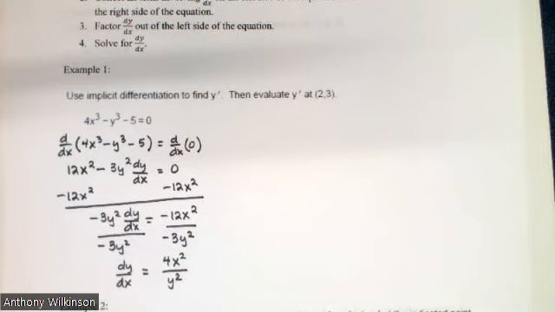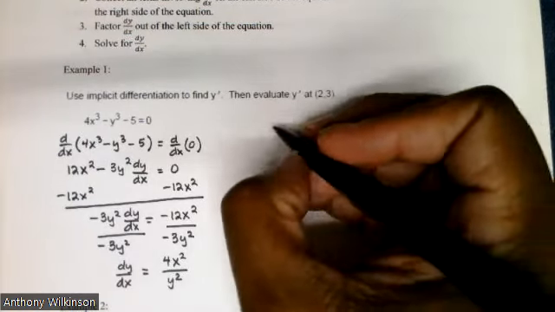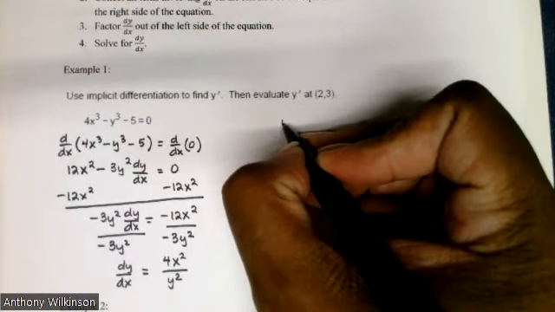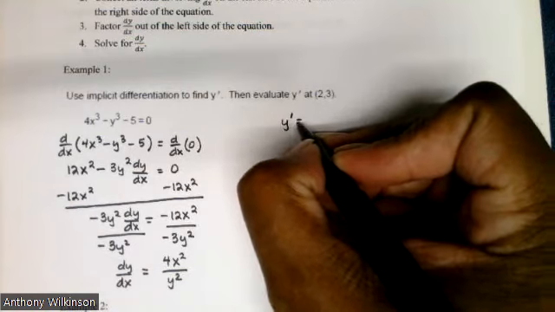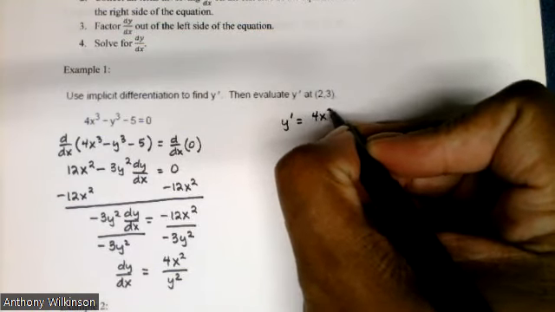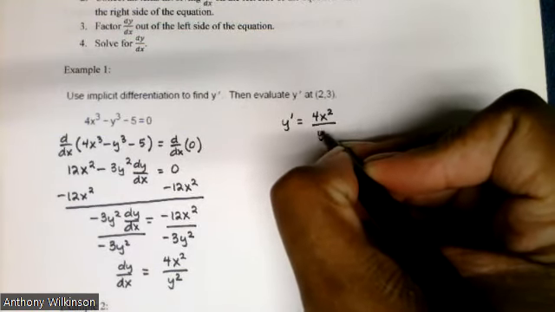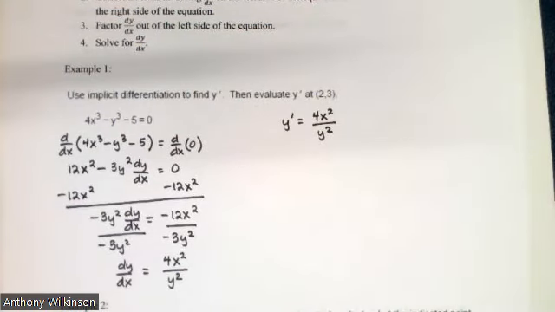Now we're going to evaluate y prime at the ordered pair 2, 3. So y prime is going to be 4x squared over y squared. Now keep in mind the y prime and dy dx are the same thing. They're just notations of taking the derivative.